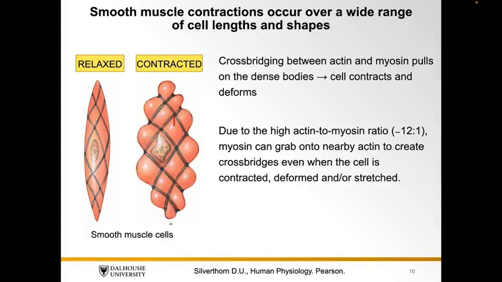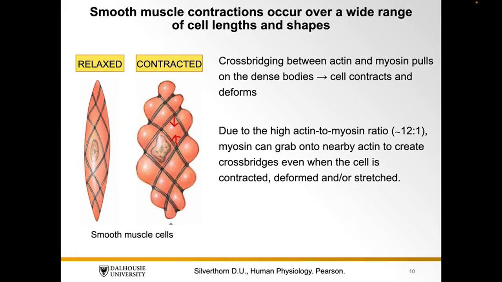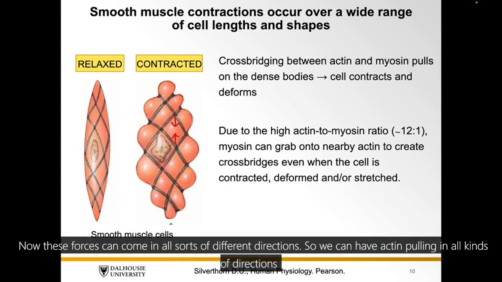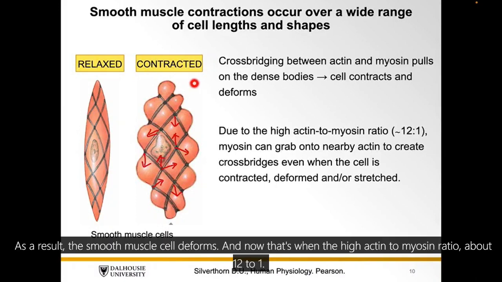And when cross-bridging happens, actin and myosin pull on these dense bodies to bring them closer together. However, that can happen in many different directions. These forces can come in all sorts of different directions, so we can have actin pulling in all kinds of directions that aren't necessarily always the same. As a result, the smooth muscle cell deforms.